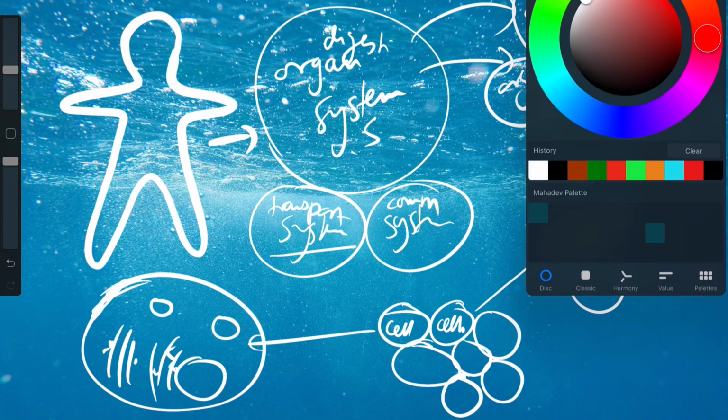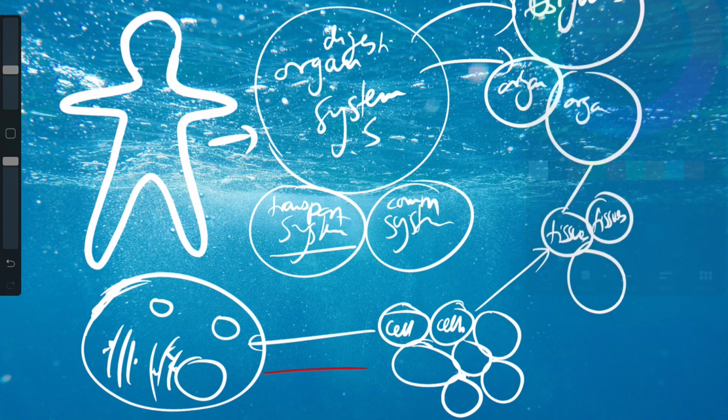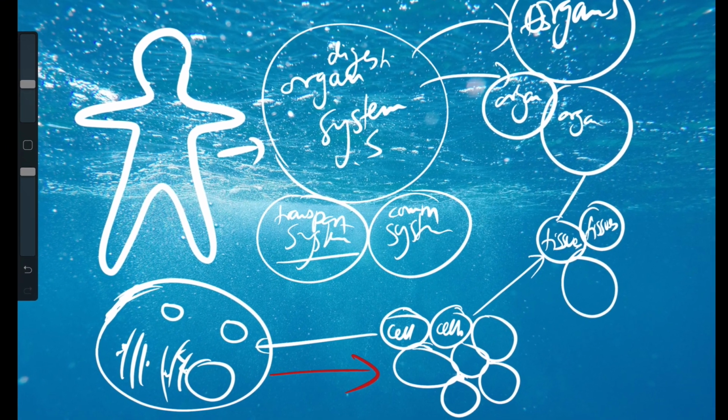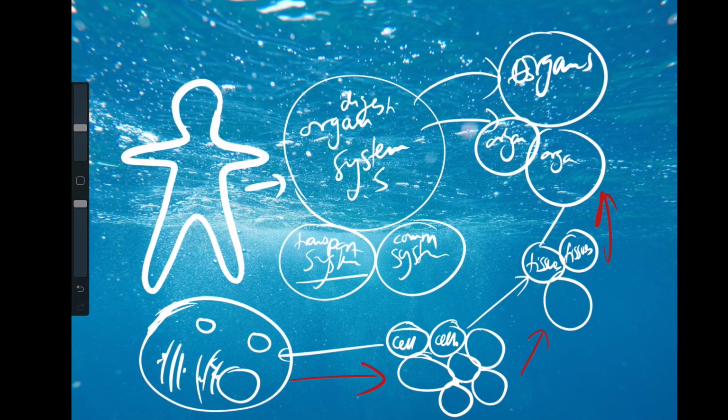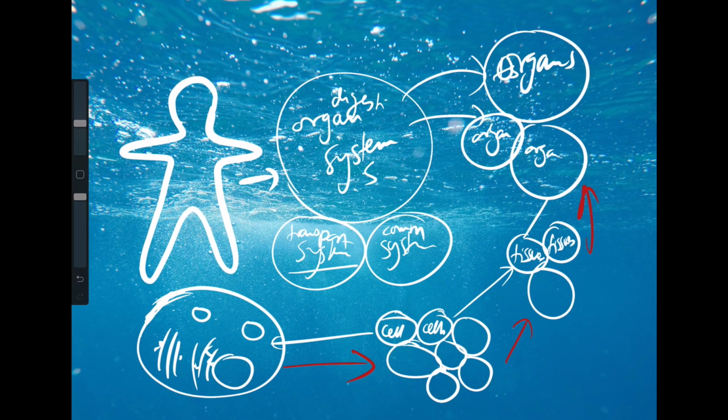If the cell does its job, the tissue can do its job. If the tissue does its job, the organs can do their job. Collectively, the organs doing their job means that the organ systems are working, and if the organ systems are all functioning properly, then that means that the individual organism can function properly, survive.